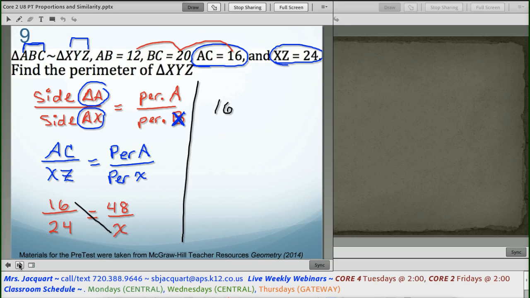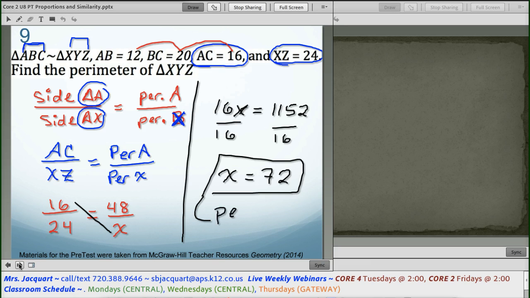So I get 16x equals some big number, 24 times 48, which is 1152. Divide that by 16. So x equals 72. That's the perimeter of triangle XYZ.